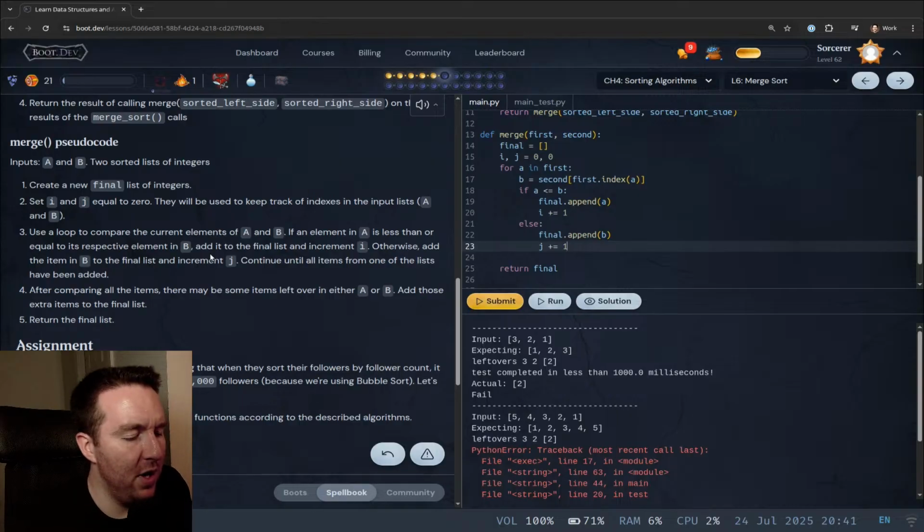Set i and j equal to 0. They'll be used to keep track of indexes in the input lists A and B. Use the loop to compare the current elements of A and B. If an element in A is less than or equal to its respective element in B, add it to the final list and increment i.